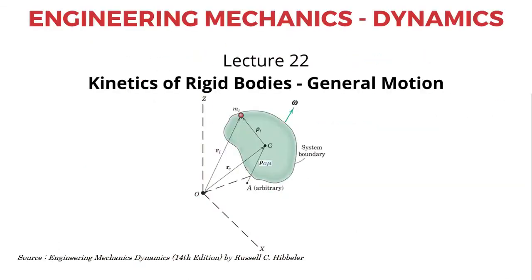Now consider I have a rigid body with a general motion in space. Now here capital XYZ represents the corresponding inertial reference frame, and this corresponding rigid body is undergoing an angular velocity omega at an instant of time.